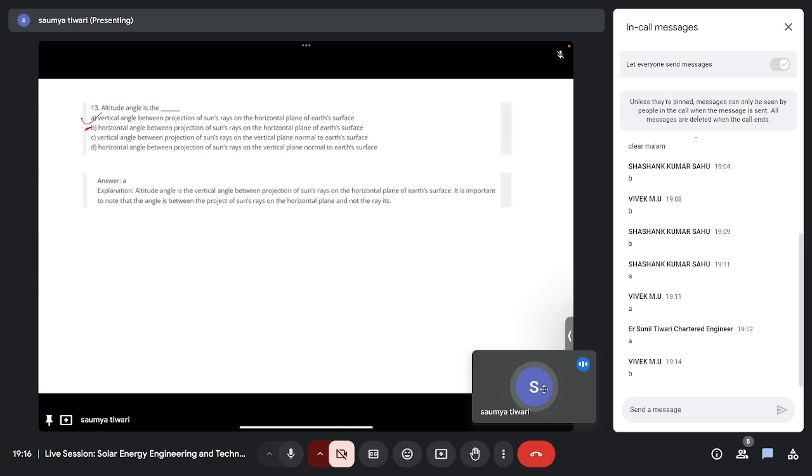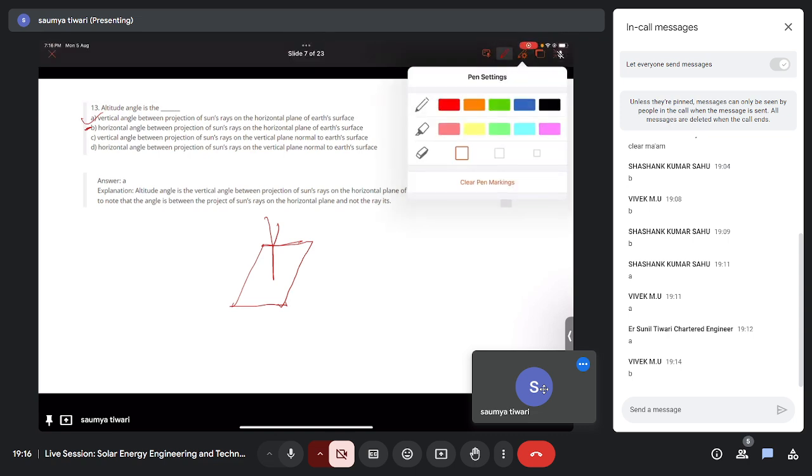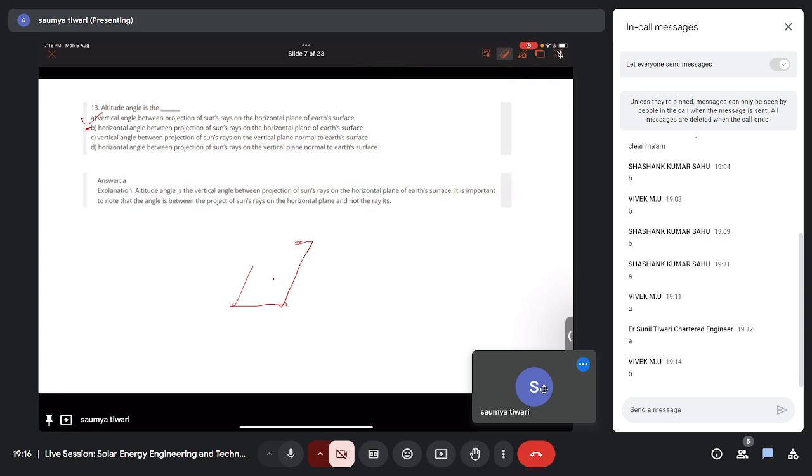So what was the altitude angle? If this is the horizontal surface we are talking about, this is the normal to the horizontal surface, and this is the incoming solar radiation from the sun.